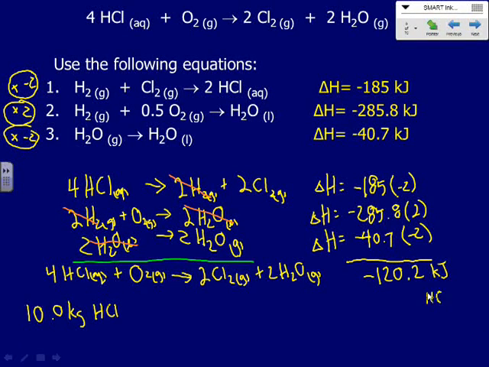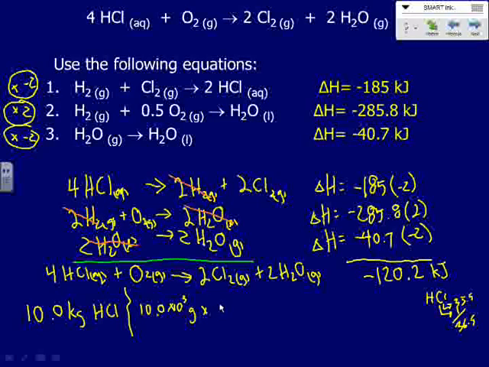So mass into moles, I need a molar mass of HCl, 35.5, 1, 36.5. So let's start with 10 times 10 to the 3 grams HCl times 1 mole over 36.5 grams, just like we used to do.